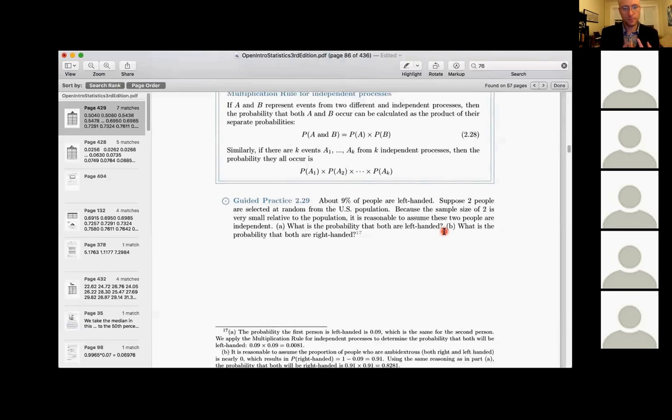And if that's the case, we can use the multiplication rule to calculate the joint probability of 2 events. And then we can also get the complement of that probability, as long as that complement is worded correctly.